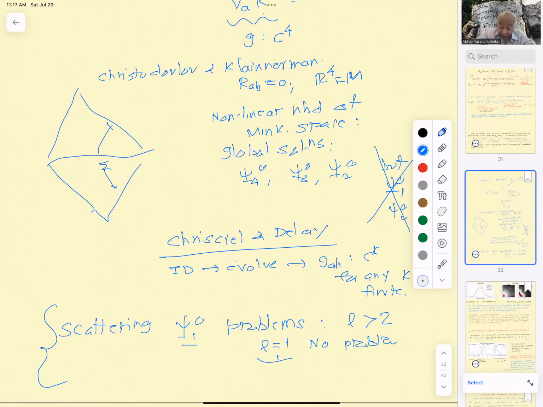So I think it is likely to be true. I don't know if it's true, but for scattering situations psi1 naught may not exist, while the l equal to 1 part, which is what angular momentum cares about, does exist. But it is interesting that in this case peeling may not hold.